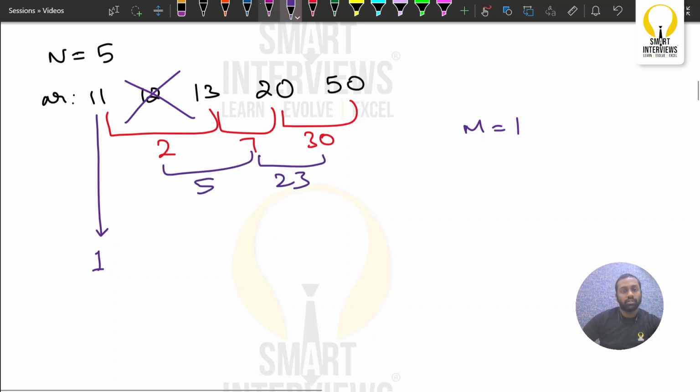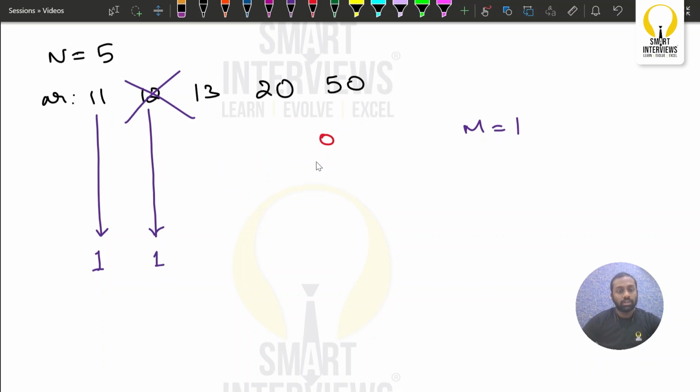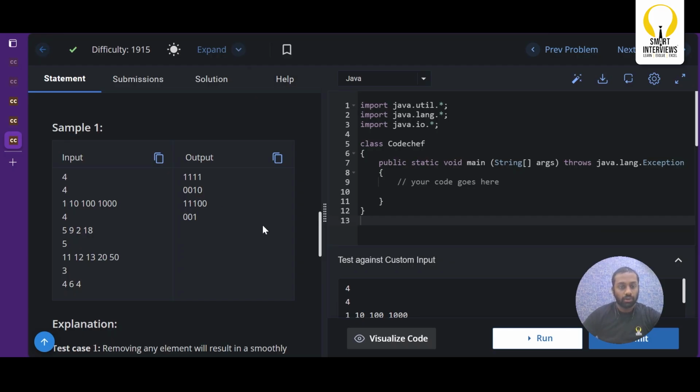Strictly increasing. Is its difference array smoothly increasing? Take the difference, you will get 18, and it is a single element. So even after removing 12, the array remains strictly increasing and the difference array remains smoothly increasing. So put it as 1. Likewise, if you check by removing 13, you'll get the same, and that is the reason you are going to get 1 over here.